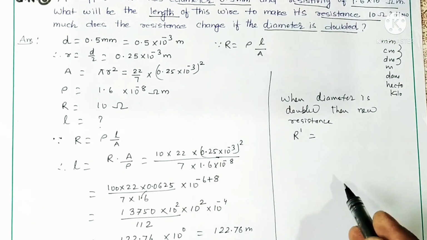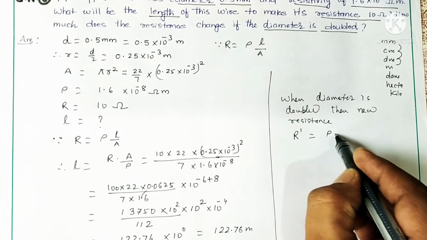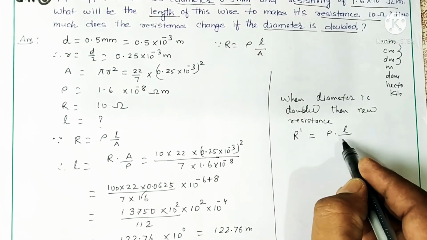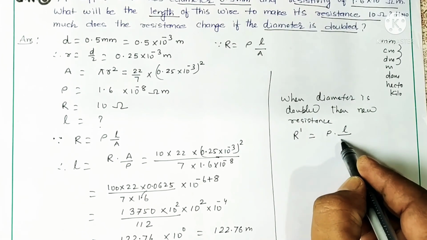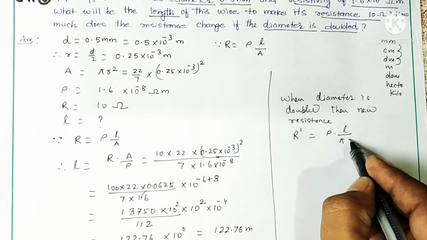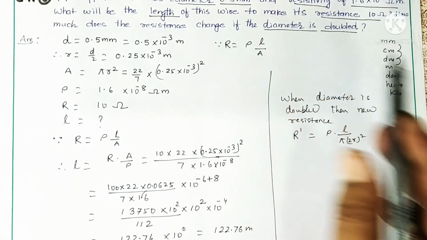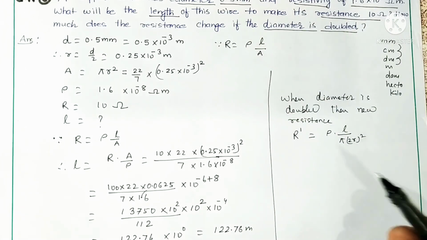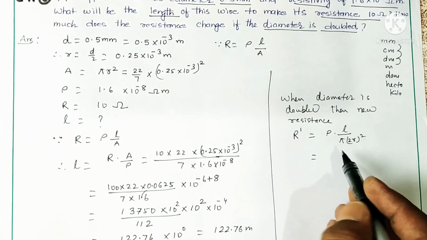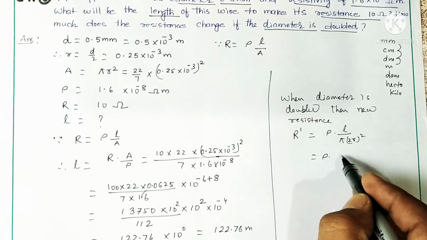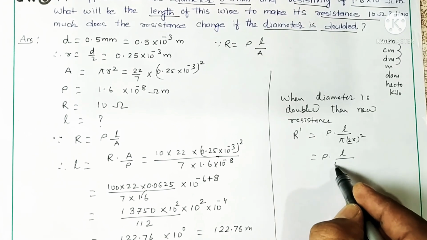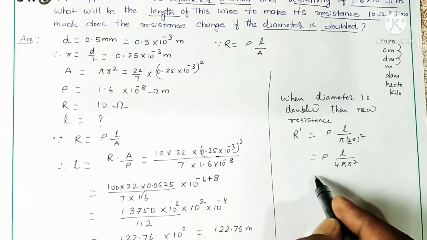So first I am writing rho L by A, for pi r square. In place of r I am writing 2r square. Why? Because the diameter is doubled, it means the radius is doubled. Now see, here it is rho L by 4 pi r square.